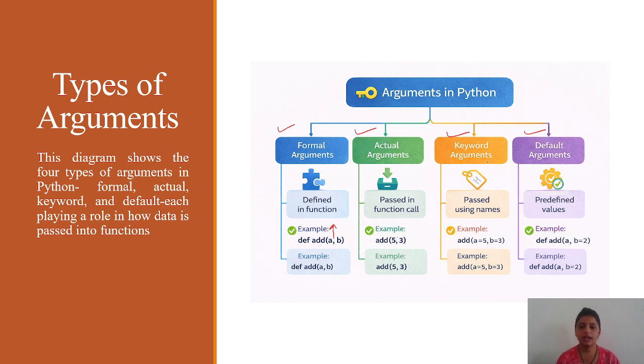Keyword arguments, as we just studied in the previous slide, have a key value pair. As you can see, a is equal to 5, b is equal to 3. The key value pair is being given in the function. Default arguments are predefined values which are already present.